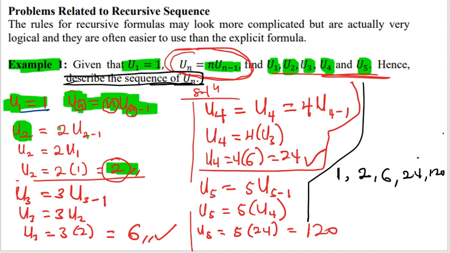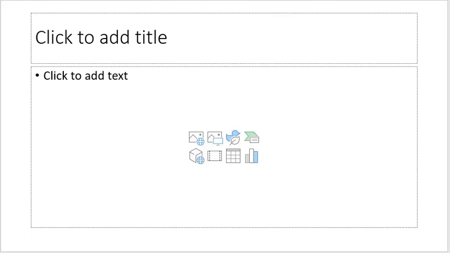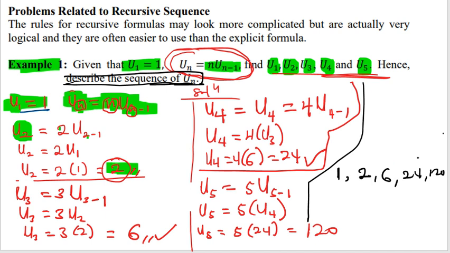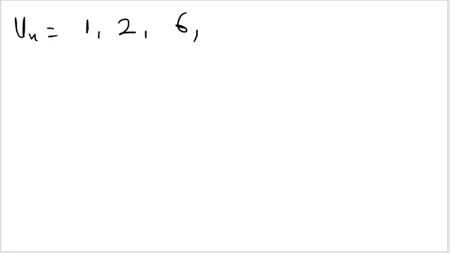So let me go to a new page so that we will look at how to describe the sequence. Now we have un equal to 1, 2, 6, 24 and 120, and it goes on like that.